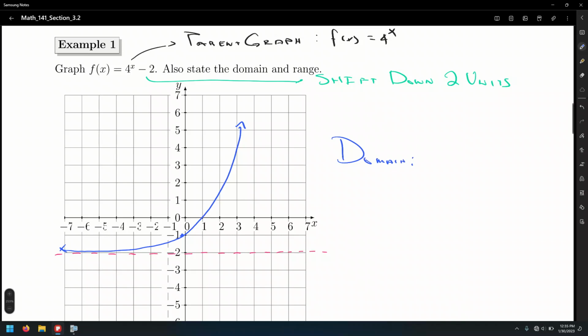It's all real numbers, negative infinity to positive infinity. I'm going to write both versions of the notation, the interval notation as well as the set builder notation: x such that x belongs to the set of all real numbers. That's the fancy way to say all real numbers. And the range.